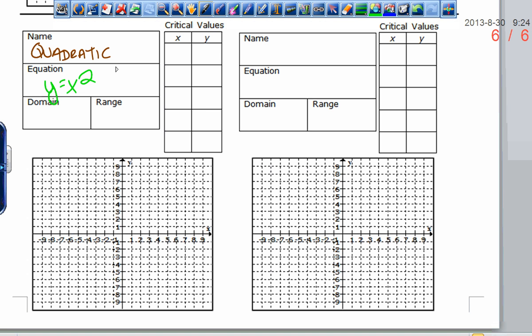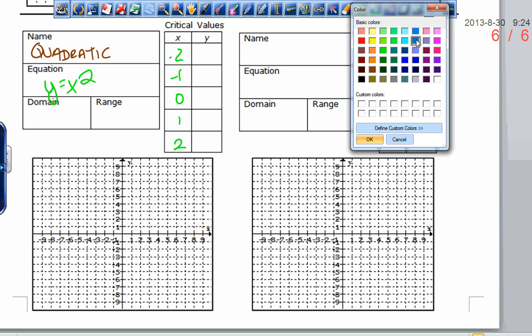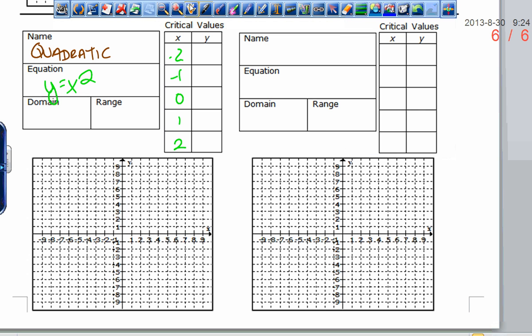You just want to use the same x values again. All right, so what are we doing here to the x values? We're squaring them. Negative 2 squared. What does that make? Negative or positive?